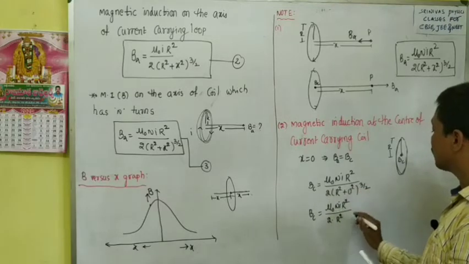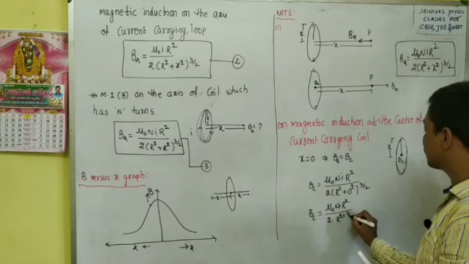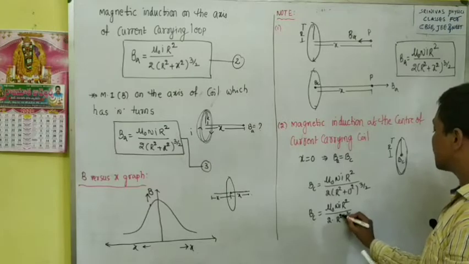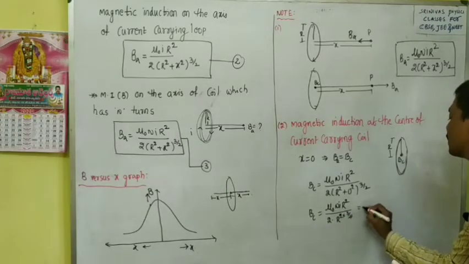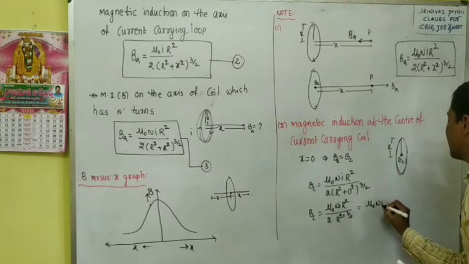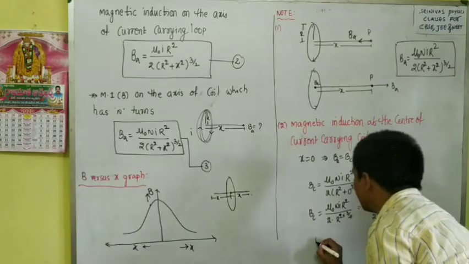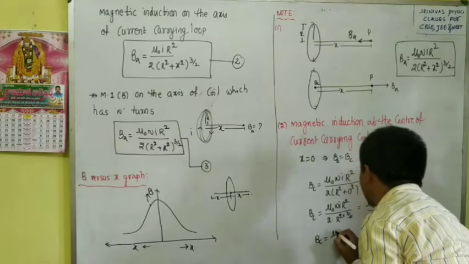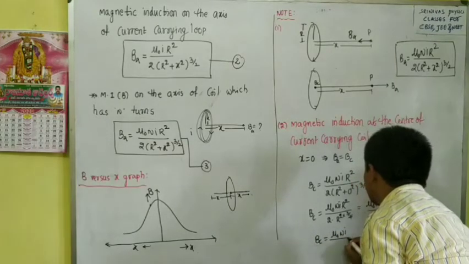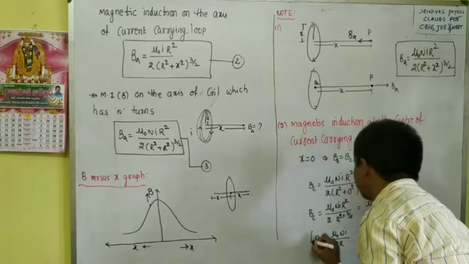Simplifying, mu naught N I r square by 2 r cube, and again simplifying, the magnetic induction at the center is mu naught N I by 2r.